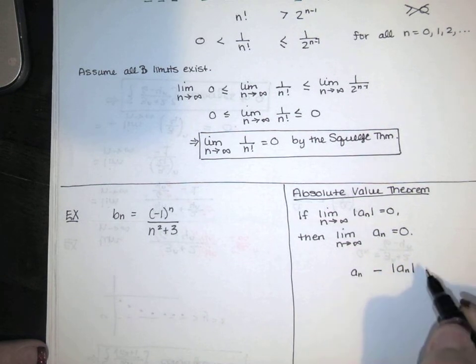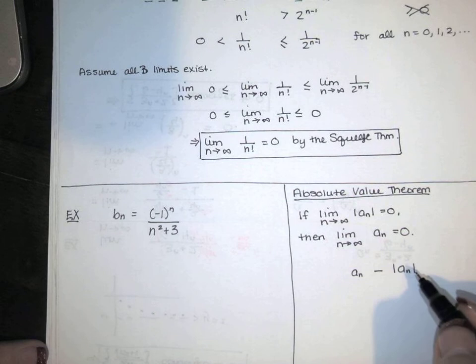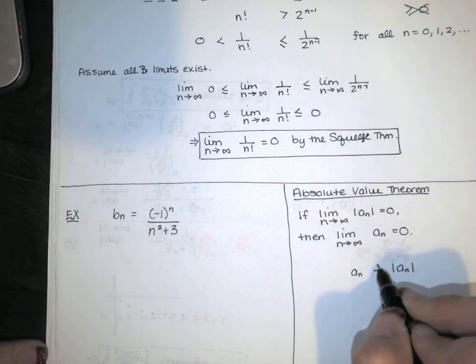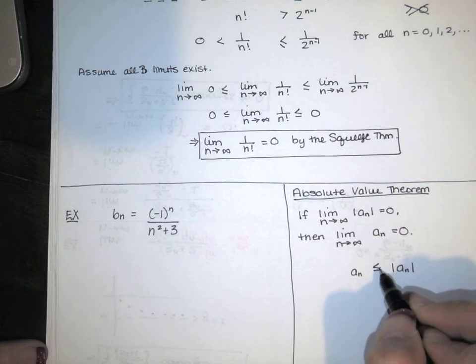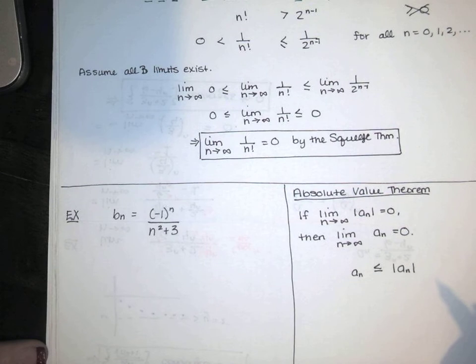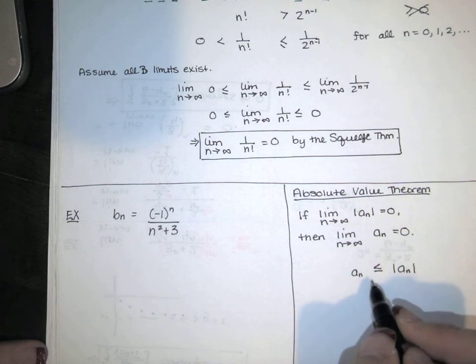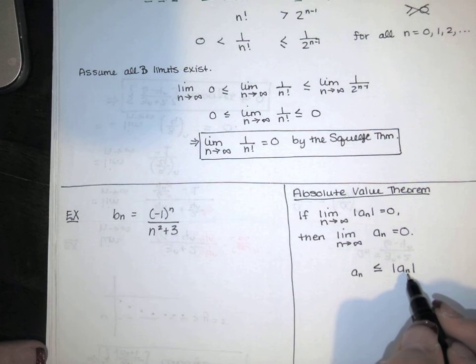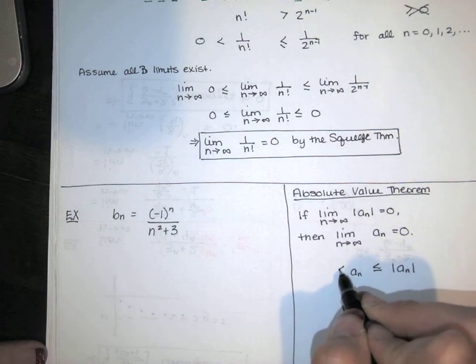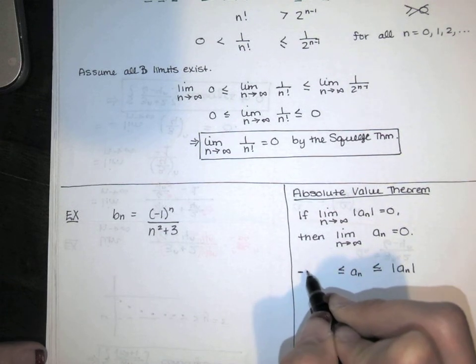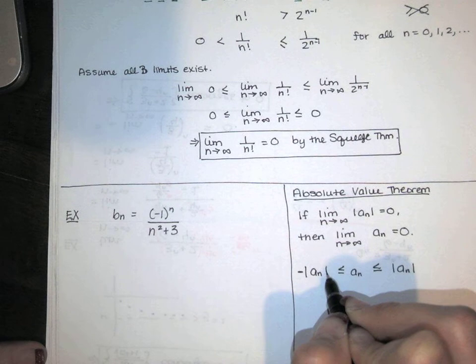But if a sub n is negative, the absolute value is clearly larger because it's the positive version of that. So a sub n will always be less than or equal to the absolute value of a sub n. And it's also always less than or equal to the negative absolute value of a sub n.